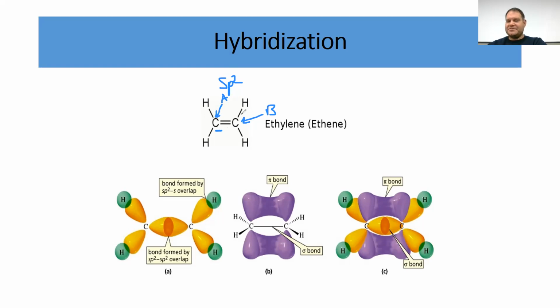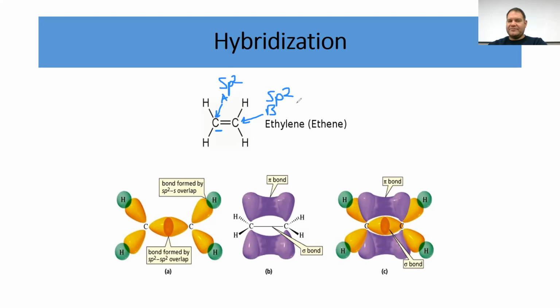Now, I can also do this for the other central atom, B. All right, I start with this one here. I got three domains, so I got S, P1, P2. Again, S, P1, P2. That means this central atom also has sp2 hybridization.